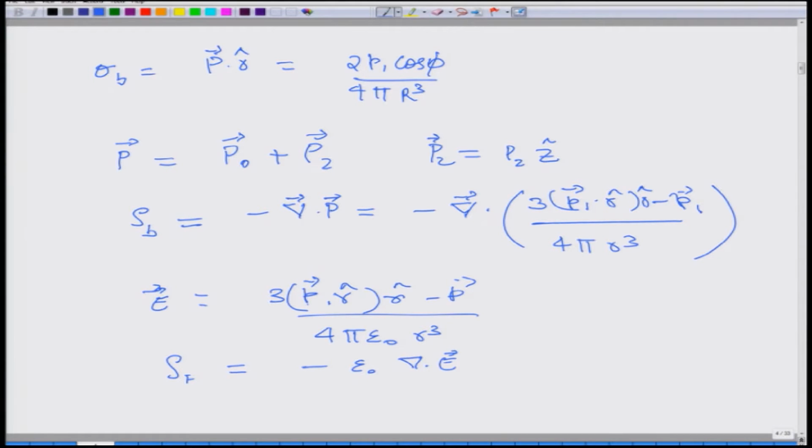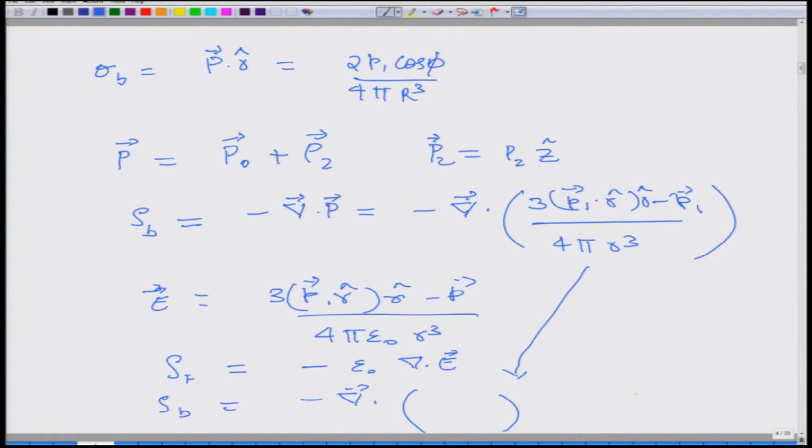So this is from Gauss's law. So these two configurations are equivalent, the free charge density of epsilon del dot E, or the electric field due to a dipole. So therefore in this case rho b is of this form.